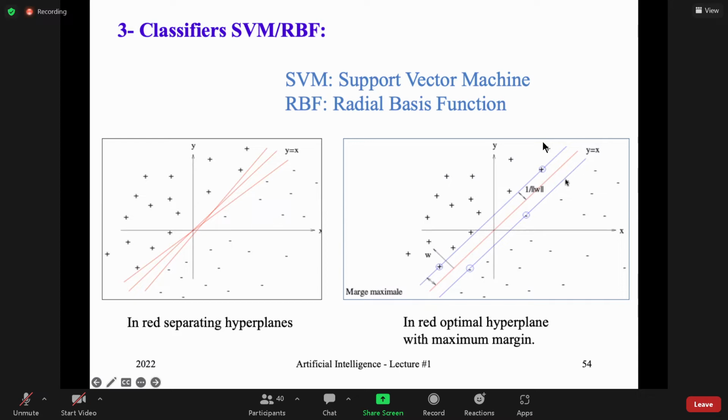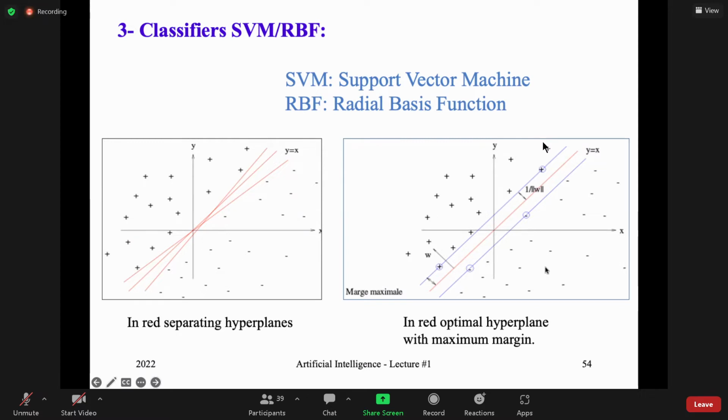If we are in this part, we are sure that it's a minus category, excuse me. And when we are in this part, that is the border separation. With a support vector machine, we can have a larger margin here, for example. If we are between here and here, we are not sure. So we don't know exactly.